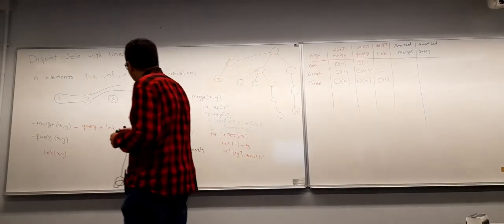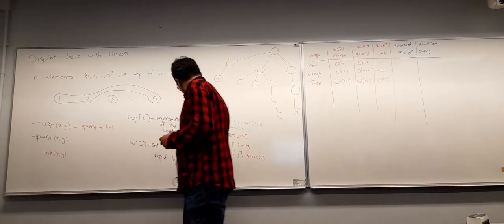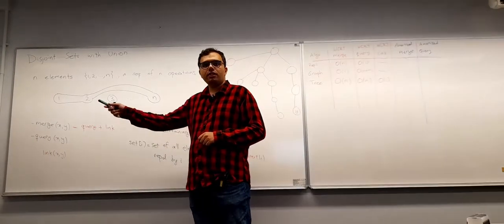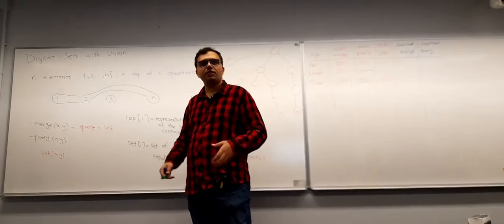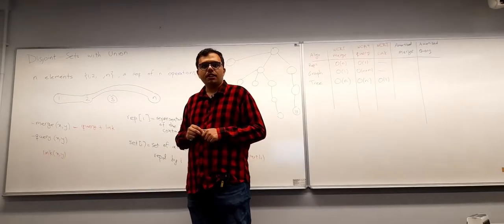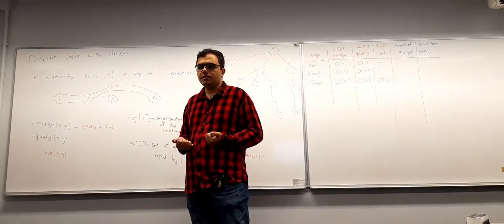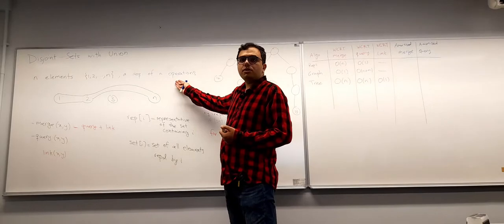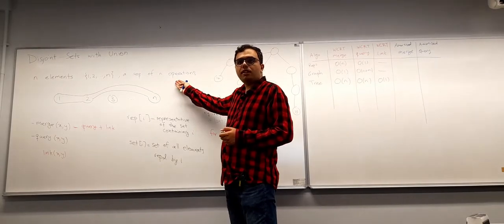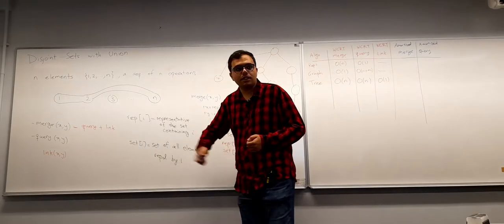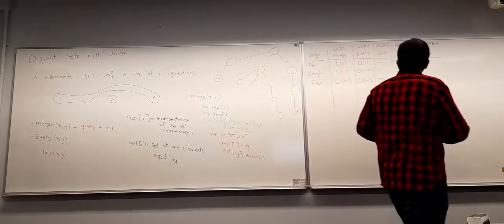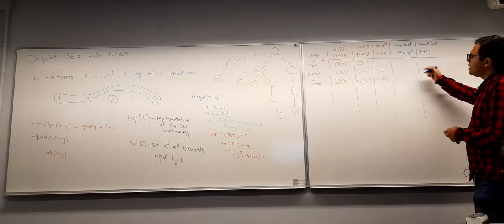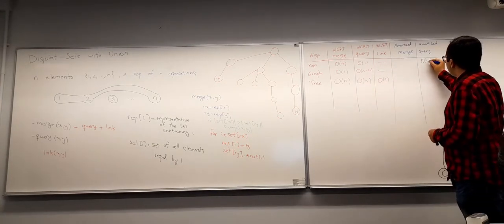So if we take that, then we can say this for all of our elements. Overall, the number of times that the representative of some element changes is at most n times log n. So our sequence of n operations is also going to take a runtime of O(n log n), which means that our amortized runtime is going to be, well, for query, it was O(1), and we can just put O(1) here as well.